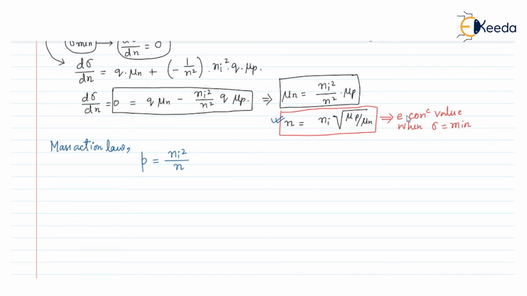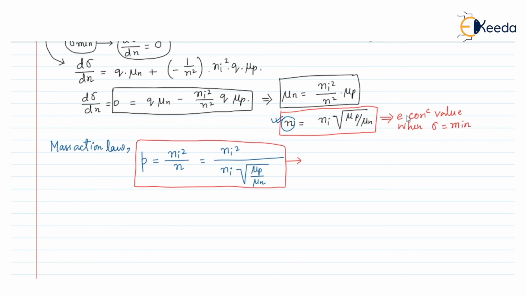So if we put the value of this n in this equation, it will be ni square divided by ni root over mu p by mu n. So this is the hole concentration of the semiconductor when the conductivity of that semiconductor is minimum.